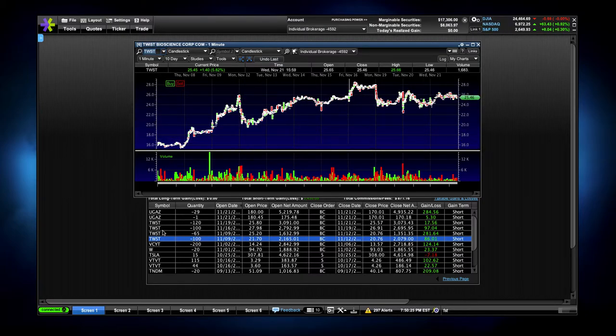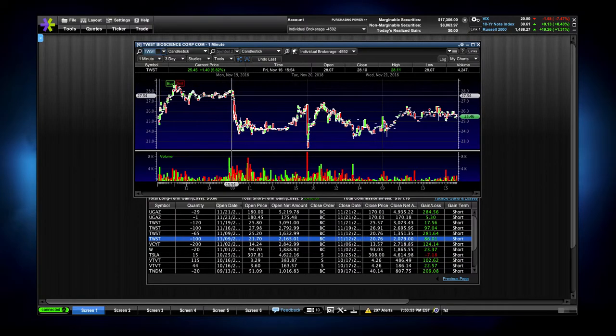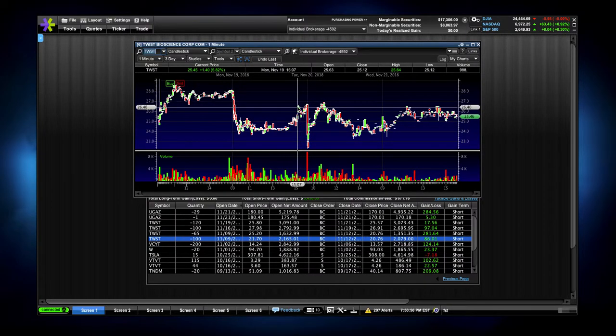So as you can see, another trade I had on TWST on November 19th. I started to short TWST at 25.80. I shorted this here, I think at the end of the day.